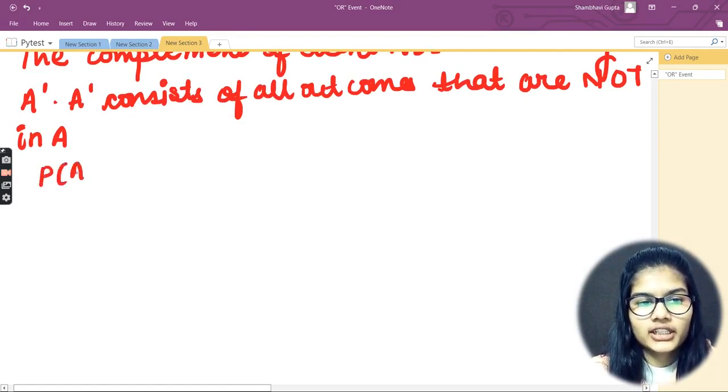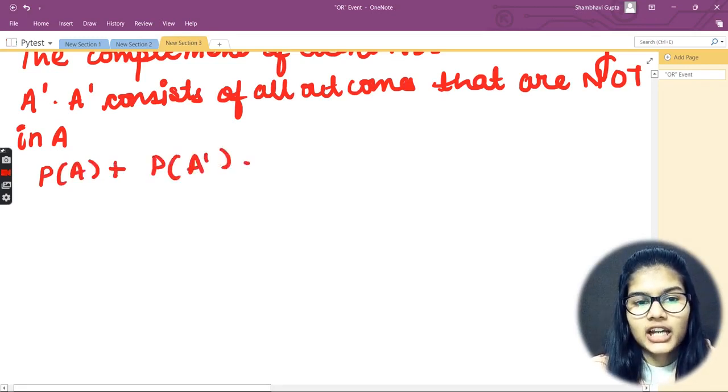The probability of A plus the probability of A prime is equal to 1. This is one thing which we have here.